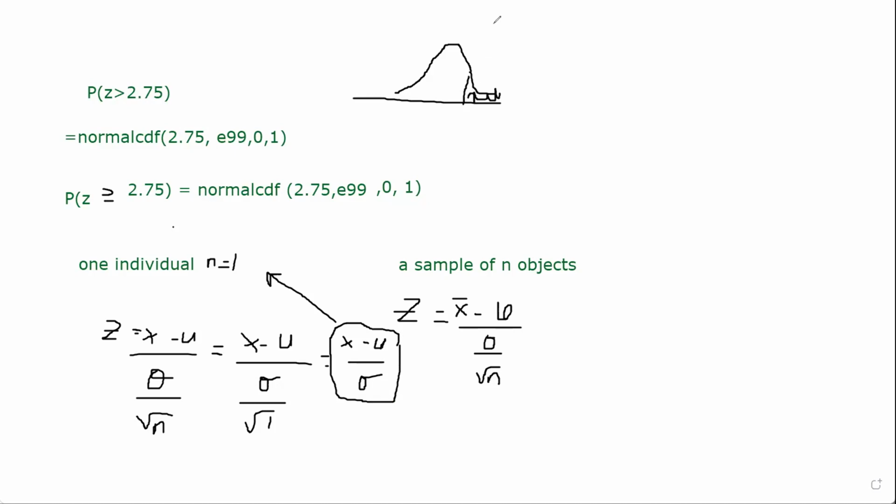That might be a way for you to remember it. But essentially, remember, there are some problems in 6.2 that have both of these. So one part will ask you about one person and one part will ask you about a sample or a group of 10 or 15 or 30 or whatever.